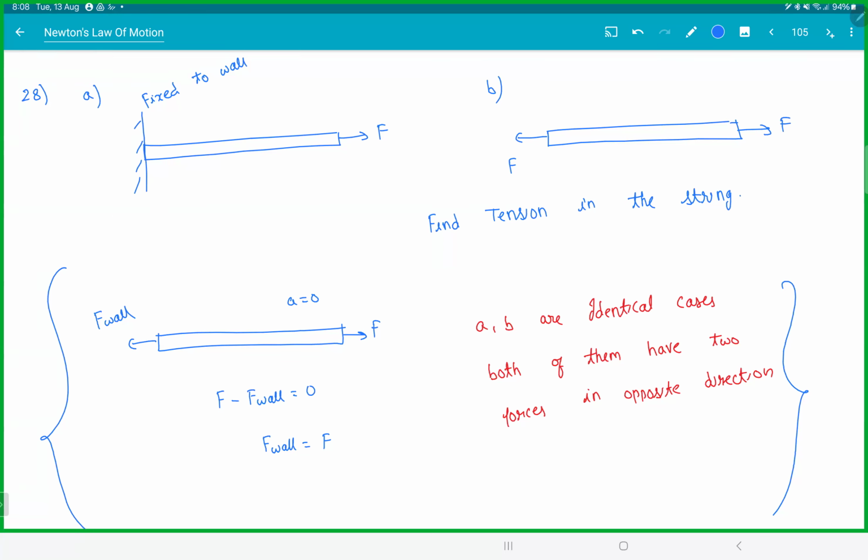Two F. Okay. Now be careful with this thing. Some people generally think that F and F will cancel, so tension is 0. You need to understand tension is not the same as external force.